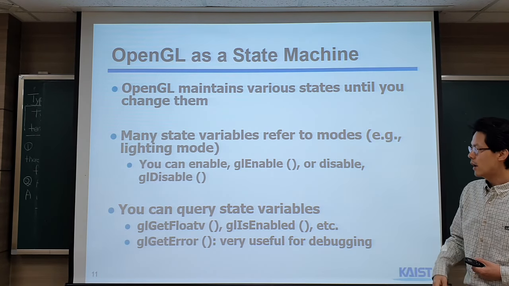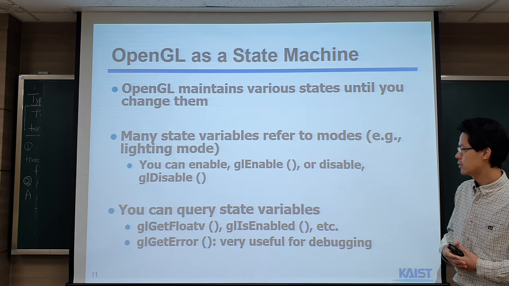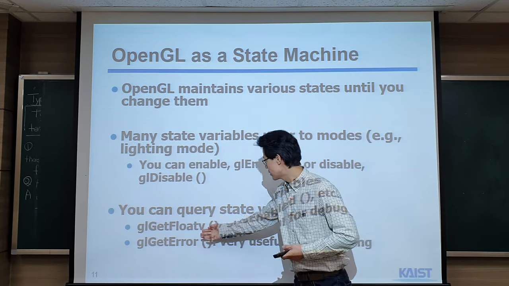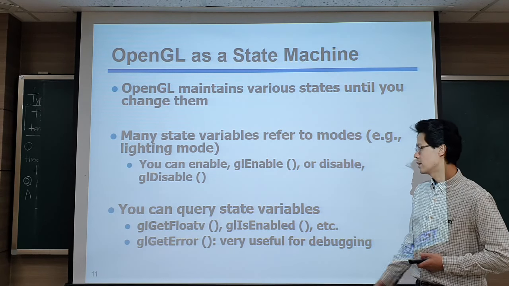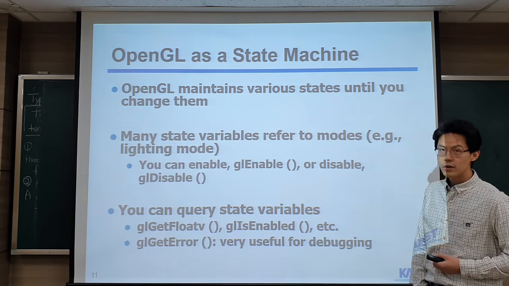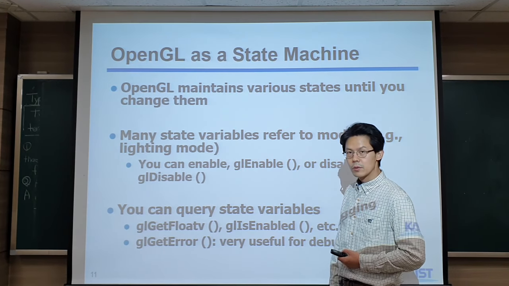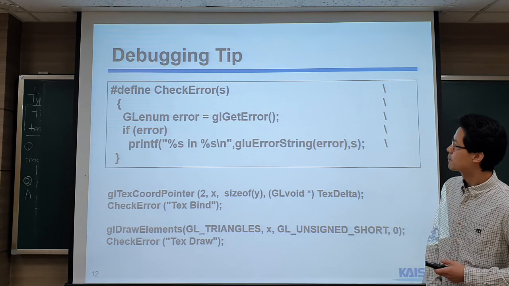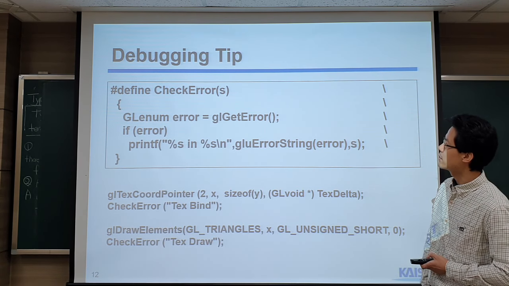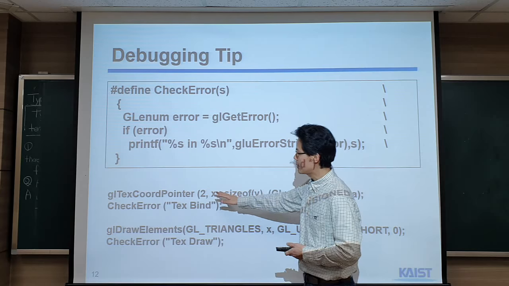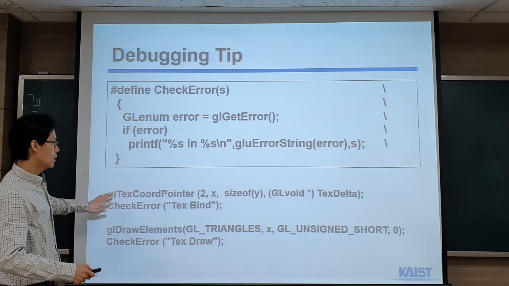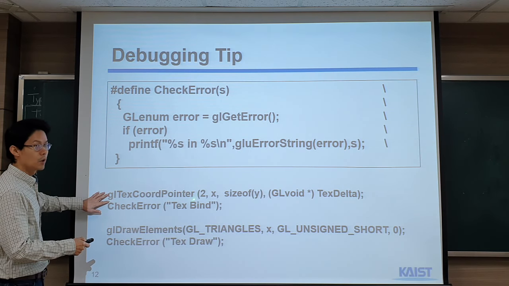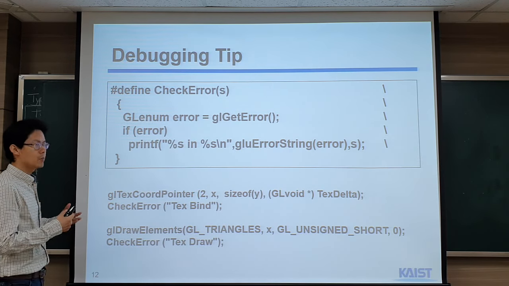Also, you can ask OpenGL what the current states are through query functions, like GL get float variable and GL is enabled. You can even ask OpenGL whether you got an error or not, like with GL get error. This is one very simple debugging tool. For example, sometimes you call some OpenGL function related to texture mapping, and there could be some error.